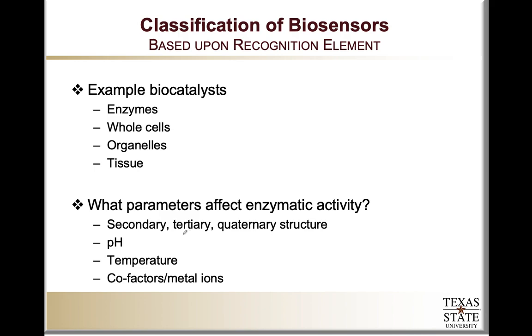The tertiary structure is basically interaction between the R groups, and it results in a three-dimensional folding of the protein or of the peptide chains. And then the quaternary structure is the association of protein subunits. So all of those structures come together to form a large protein, which, as I mentioned, is usually in the order of tens of thousands of kilodaltons to hundreds of thousands of kilodaltons.